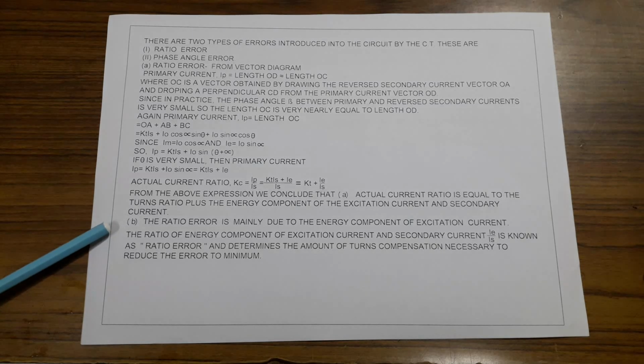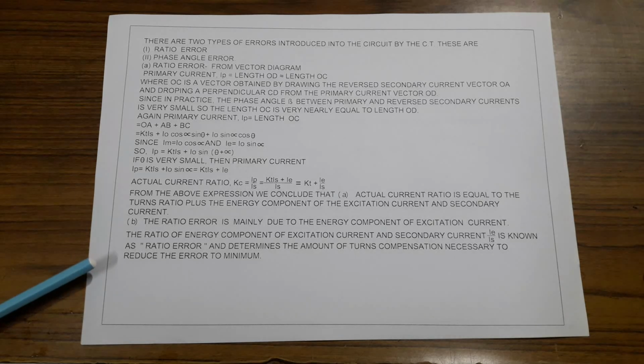The ratio error is mainly due to the energy component of excitation current. The ratio of the energy component of excitation current and secondary current, IE by IS, is known as ratio error, and determines the amount of turns compensation necessary to reduce the error to a minimum.